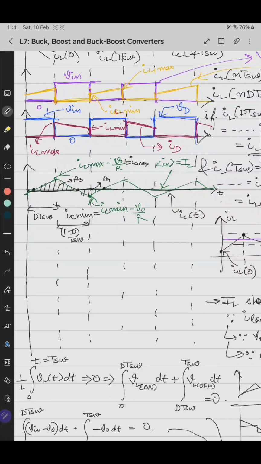So by this configuration, it is slightly difficult to find A3 and A4 and to equate them. So inside one switching cycle, we'll take some other switching cycle which is easy to find. These zero crossings are not aligned with the turn on and turn off instances, so we can shift A3 and A4.